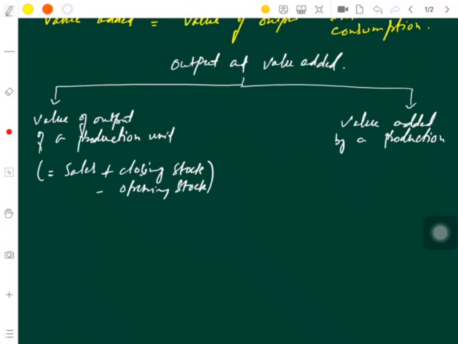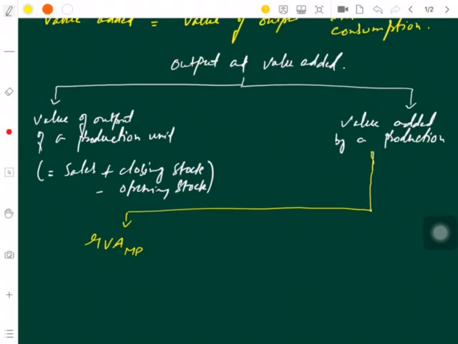And this value added could further be, I'll change the color for you to make you understand it better, it is basically gross value added at market price.